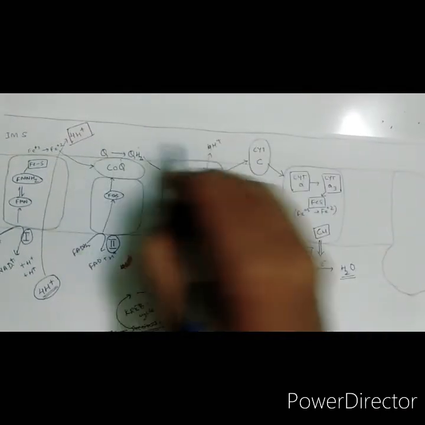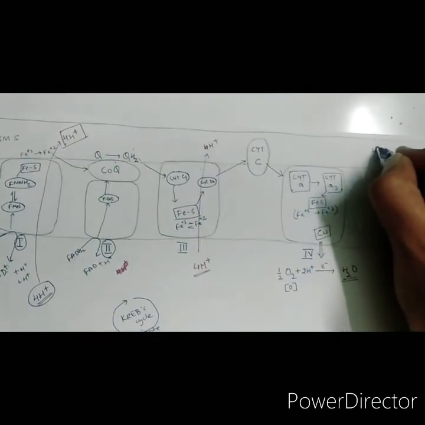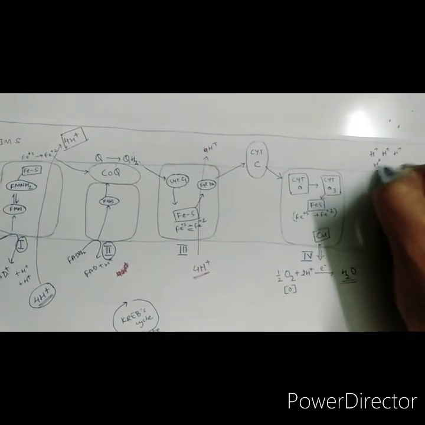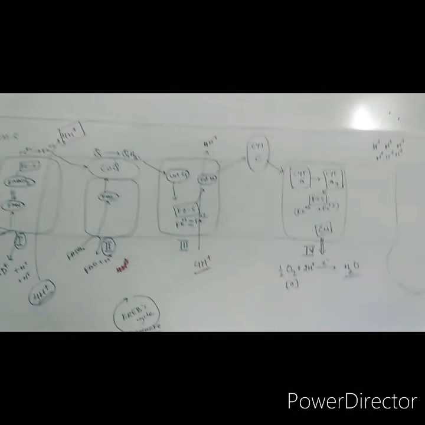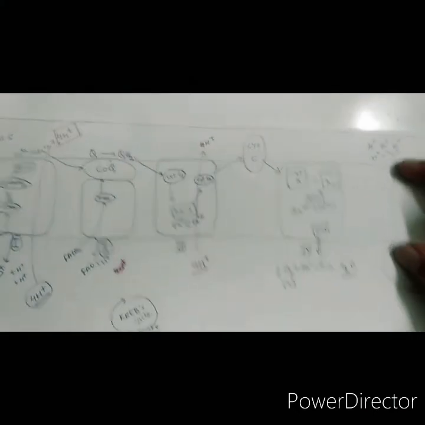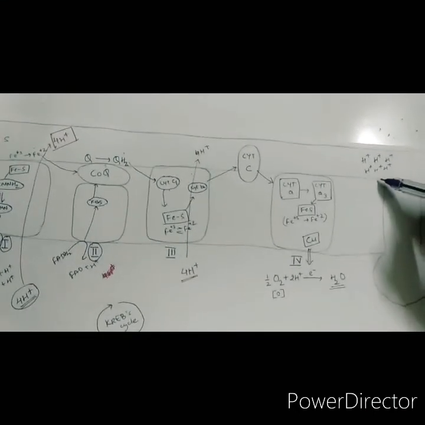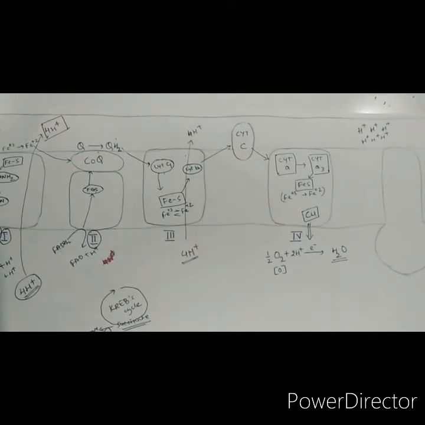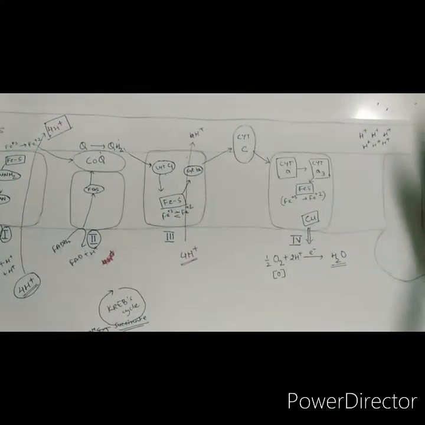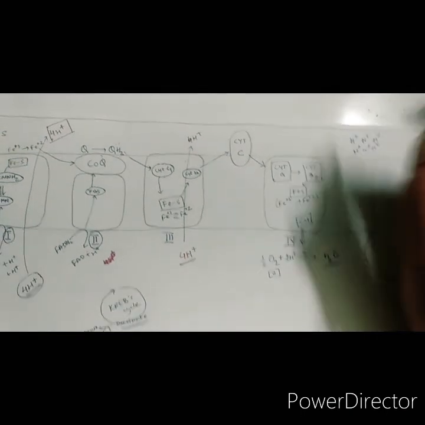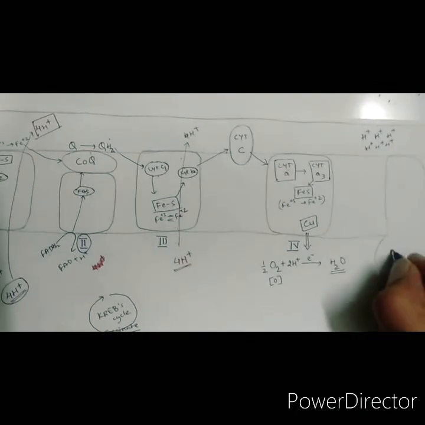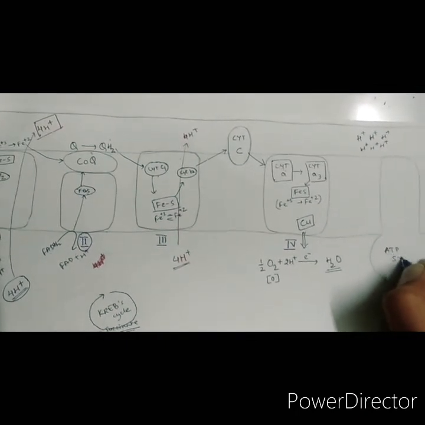Now these hydrogen ions get accumulated, and their concentration increases in the intermembrane space. As we know, the intermembrane space and the inner membrane of the mitochondria are impermeable to hydrogen ions. So these hydrogen ions stay in the intermembrane space unless complex 5 is active. This complex 5 is known as ATP synthase.